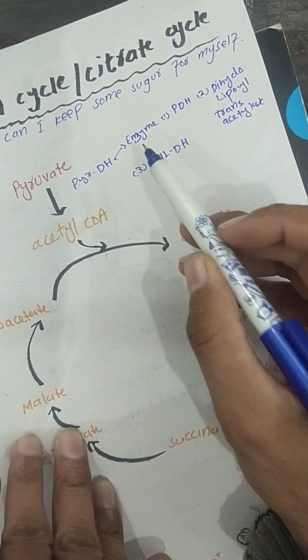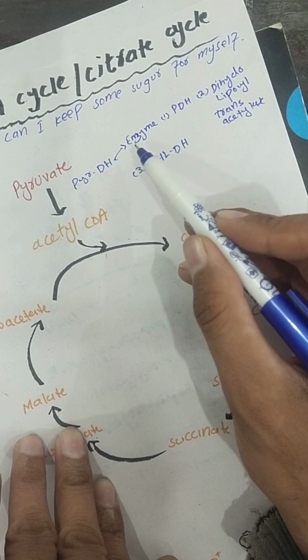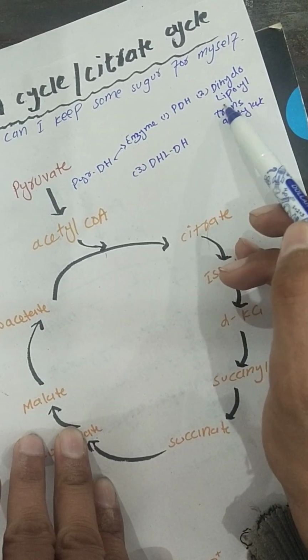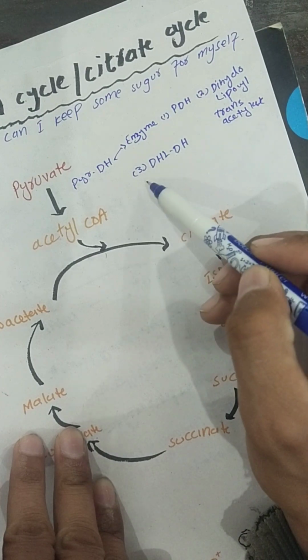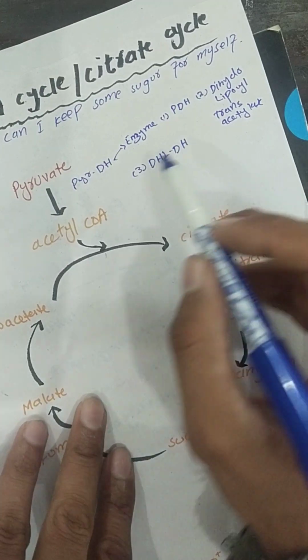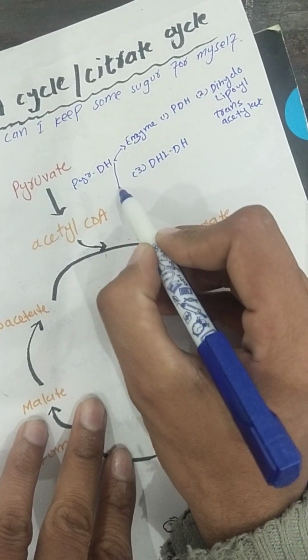So we have three enzymes in the pyruvate dehydrogenase complex: pyruvate dehydrogenase itself, dihydrolipoyl transacetylase, and dihydrolipoyl dehydrogenase. You just need to remember these enzymes in this reaction.